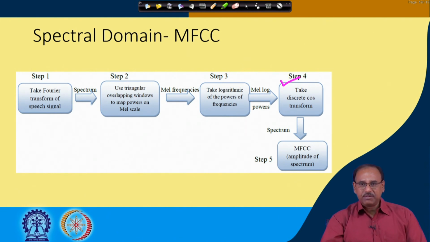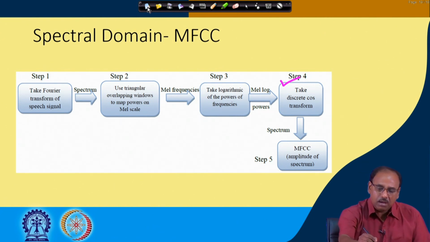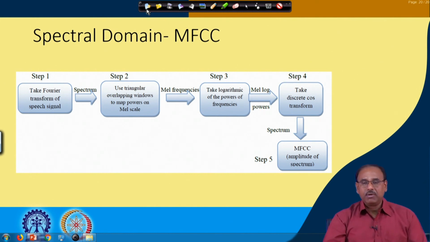The other kind of feature vectors which has become very popular and very powerful is what is known as MFCC or mel frequency cepstrum coefficients. This shows the steps for computation of MFCC. First, you take the Fourier transformation of the speech samples that you have.